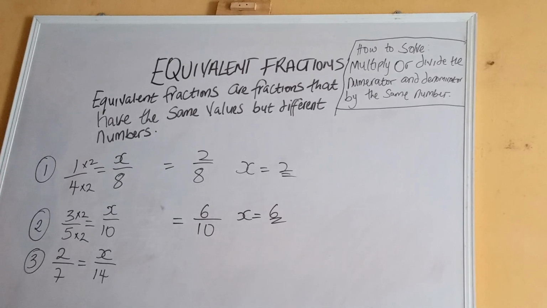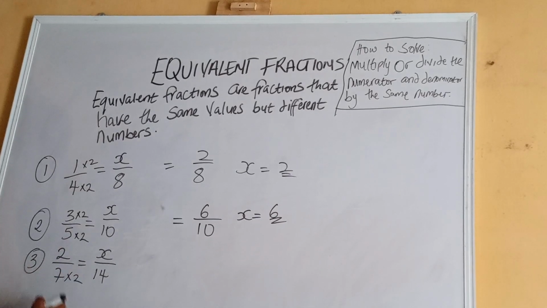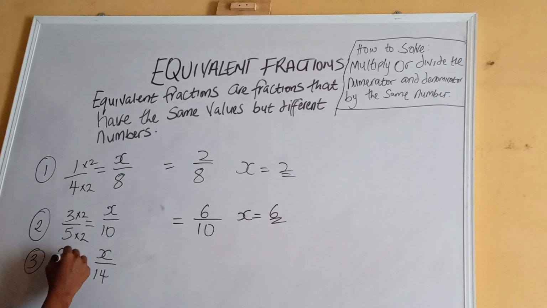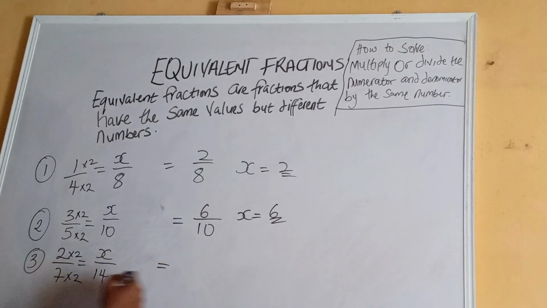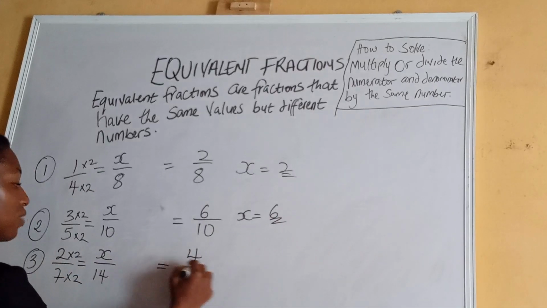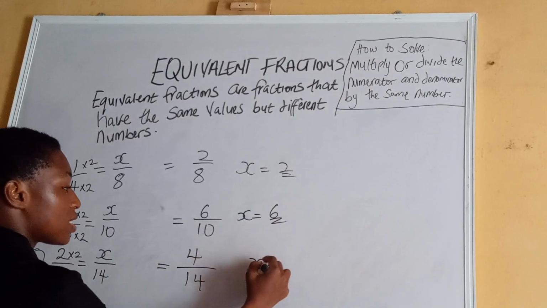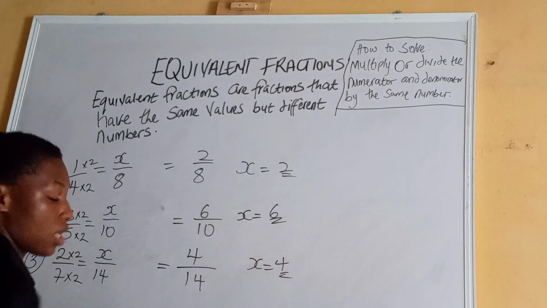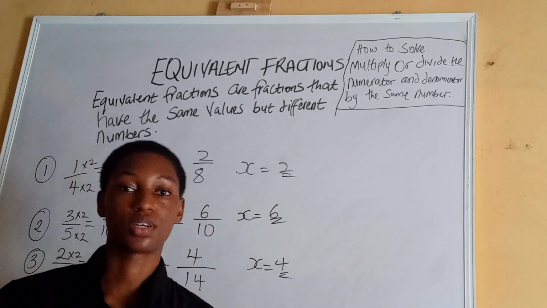Again, you think, what can I multiply by 7 that will give me 14? 2 will work again. So you have 7 times 2, and then you do the same with the numerator, 2 times 2. Your answer would be 2 times 2 is 4, all over 7 times 2 is 14. So you know your x is equal to 4.